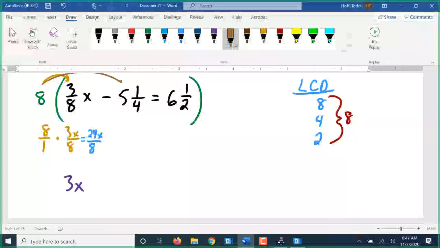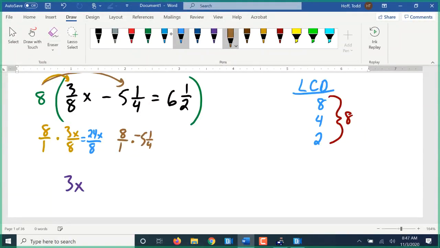8 times a negative 5 1/4. So that's 8 over 1 times a negative 5 1/4.